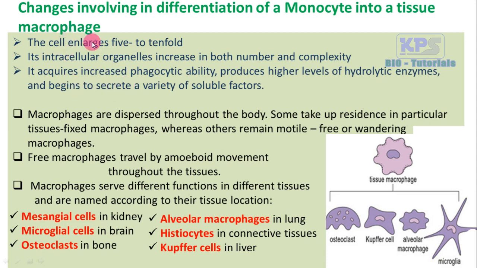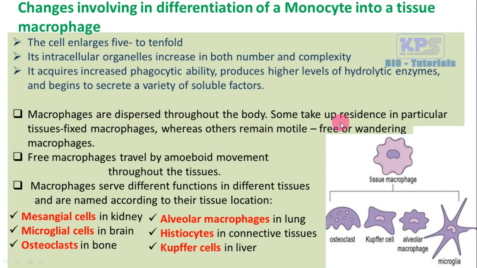So these are the major changes occurring in a monocyte while it is transforming into a macrophage. The cell will be enlarged 5 to 10 fold, the cellular organelles increase in number and complexity, and there is increased phagocytic ability. Then these macrophages are dispersed throughout the body.